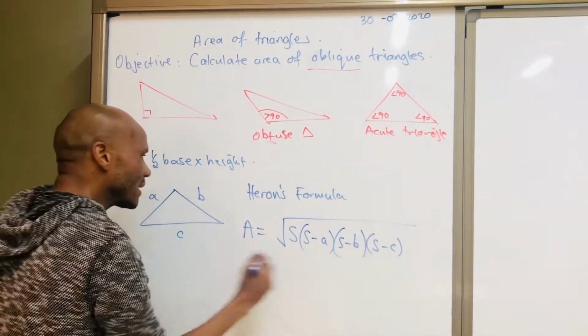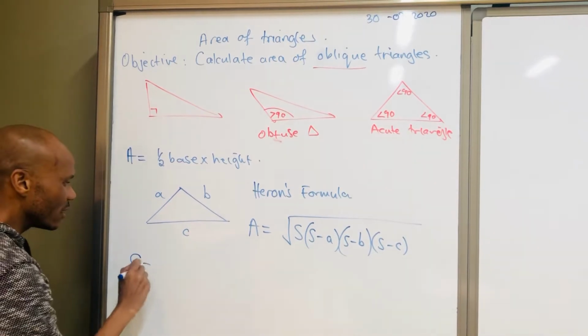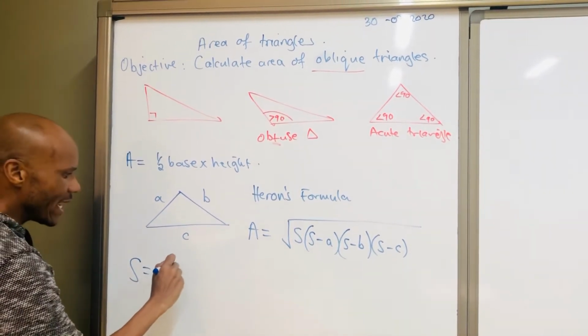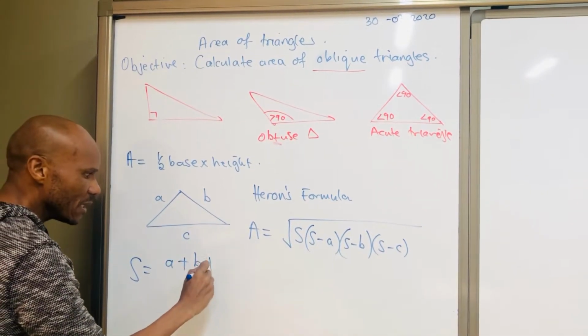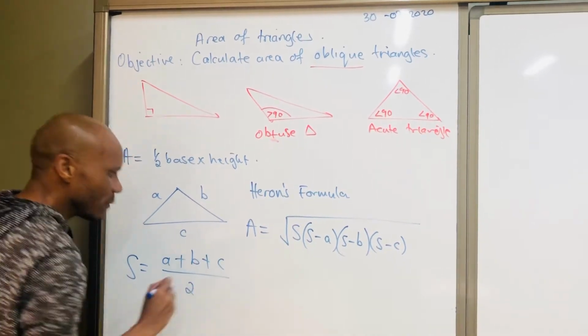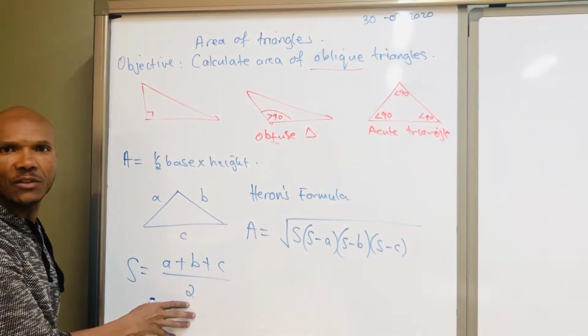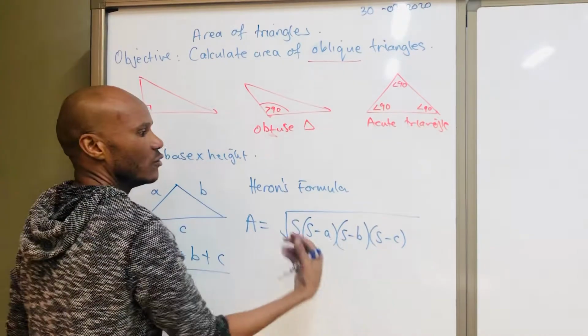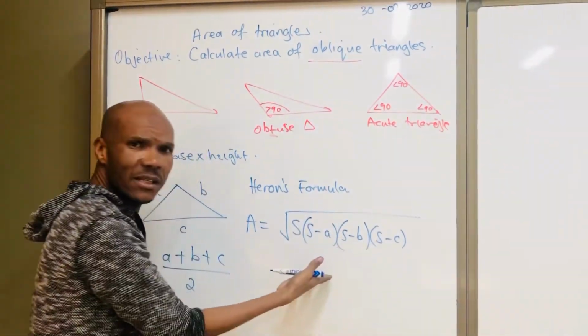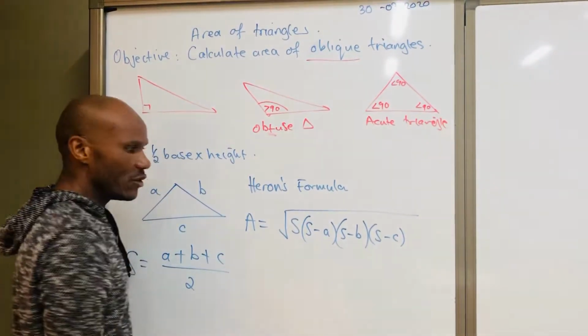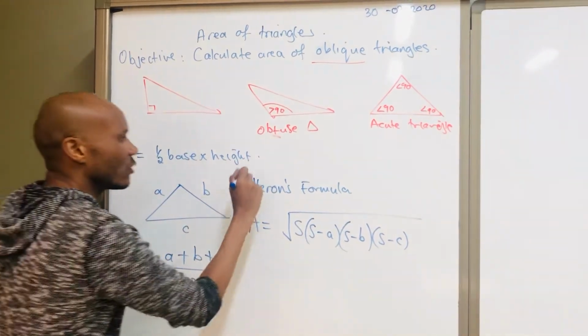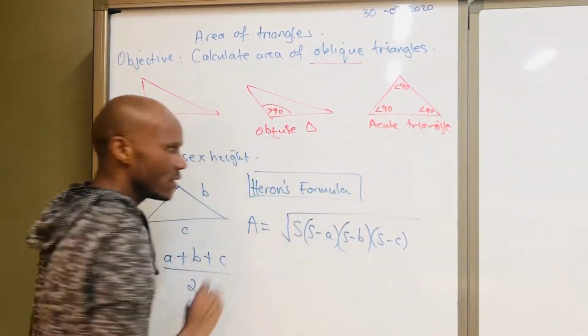But how do you find your S? Your S is A plus B plus C divided by 2. You put everything into your calculator and you find your area. So that's Heron's formula. It's easy, just like that.